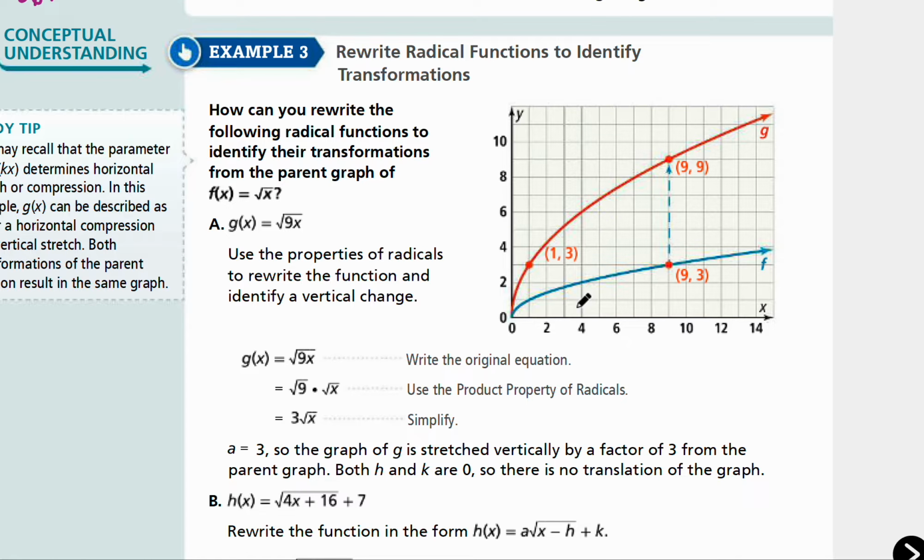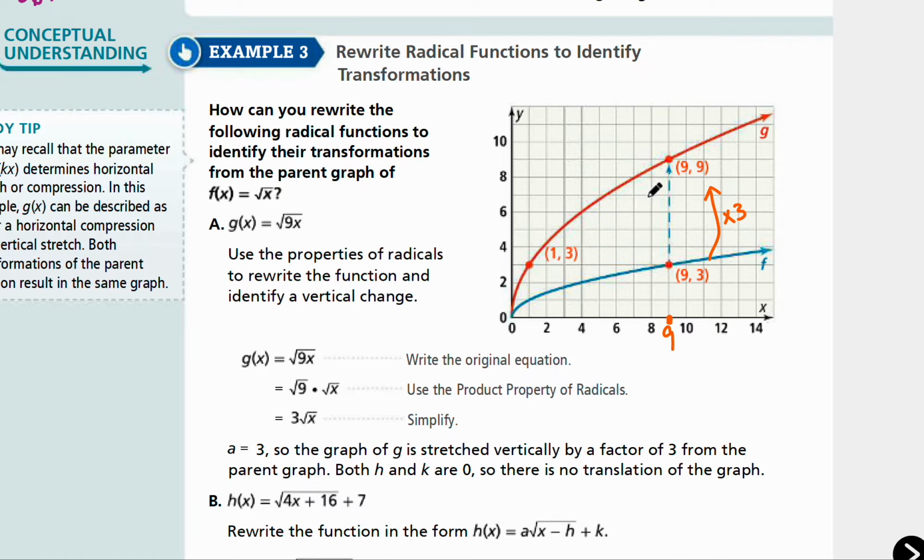So that means the graph has a vertical stretch by a factor of 3. If you look at the same x here, for example 9, 3 is our original point in our parent function, and we see that the value 3 has multiplied to 9. So your graph has stretched vertically. We're not going to look at horizontal stretch or compression because it would be too complicated.